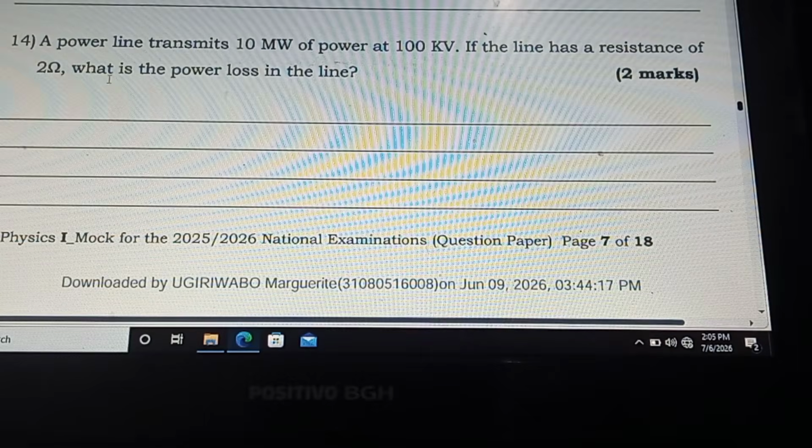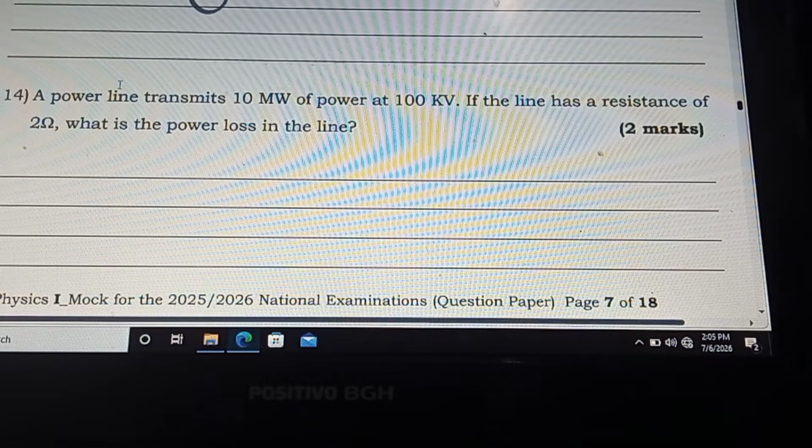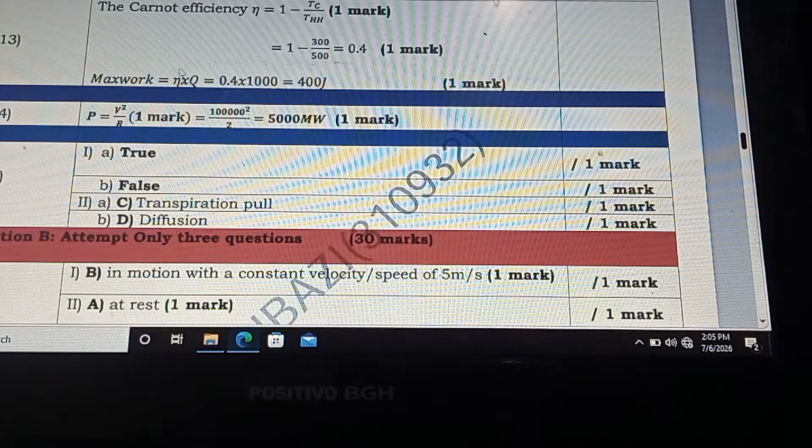This is the question 14. This is the solution of question 14.